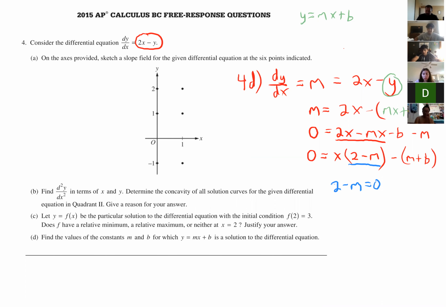And then the constant would also have to be 0. If both of these parentheses equal 0, it's going to make the entire right side of the equation 0. So both of these must be true.